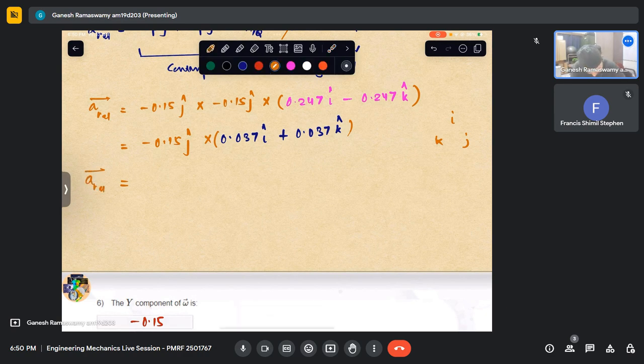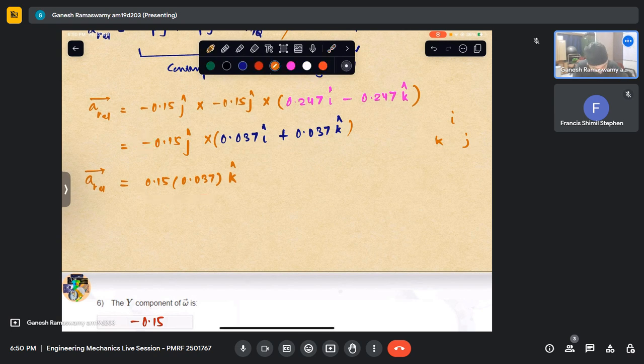So this will be j cross I. So this has to be minus k. J cross I will give me minus k. That minus and this minus cancels out. So I get this term k, fine.